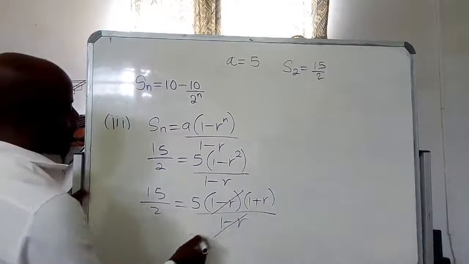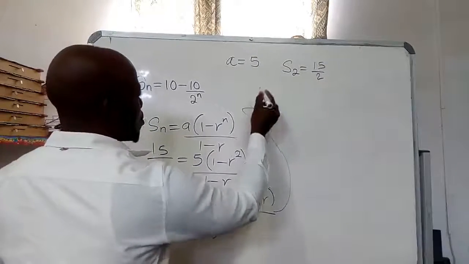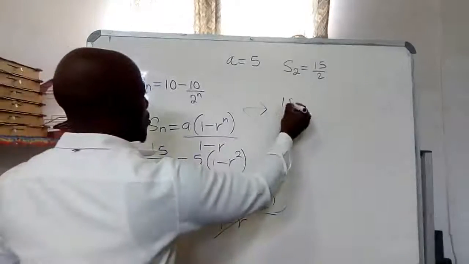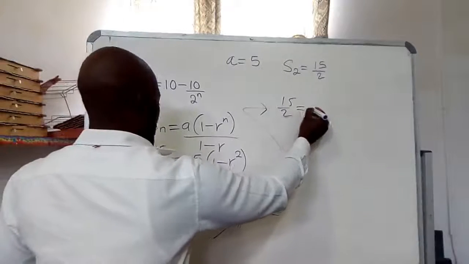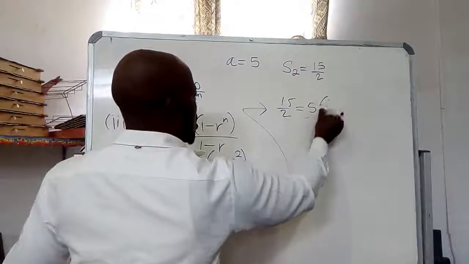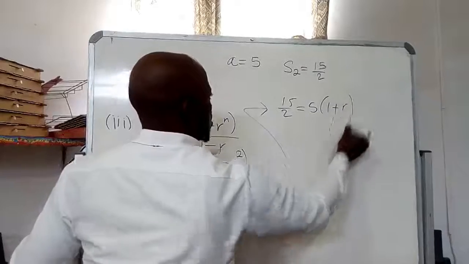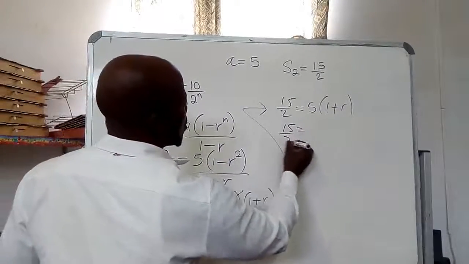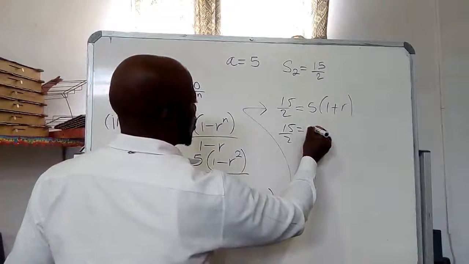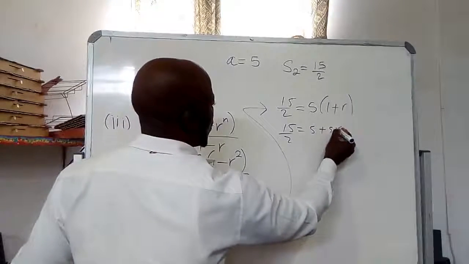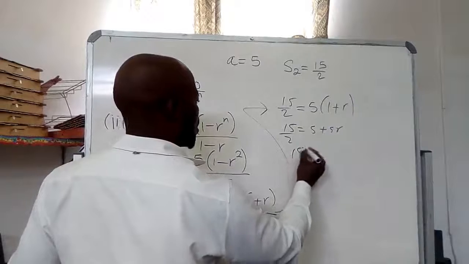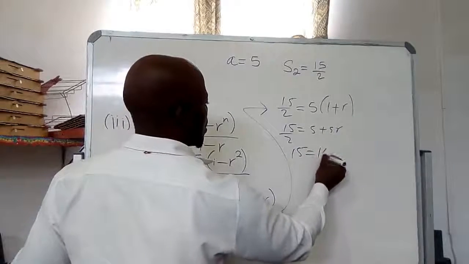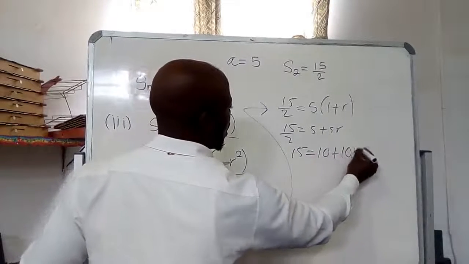So this and this can cancel. Once they cancel, we remain with 15 over 2 is equal to 5 times (1 plus R). Once we solve, we have 5 plus 5R. We can cross multiply, and we have 10 plus 10R.